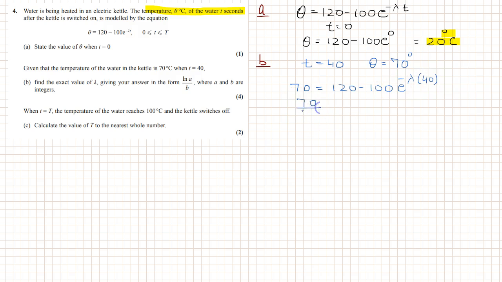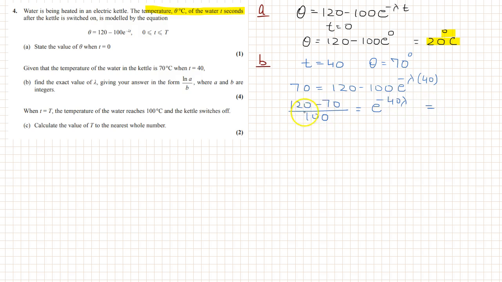Let me calculate it, so better I write it. 120 minus 70 over 100 is equal to e to the power minus 40 lambda.